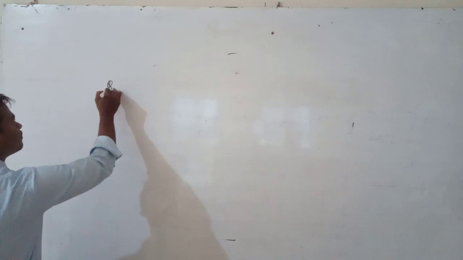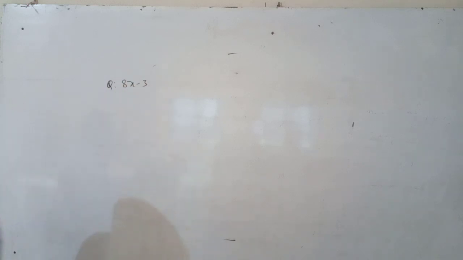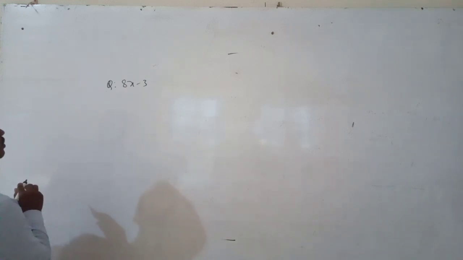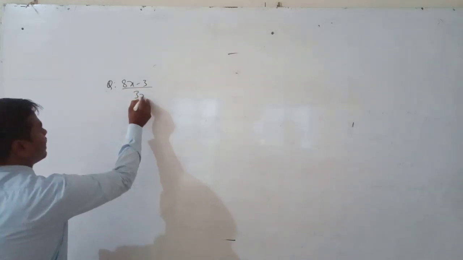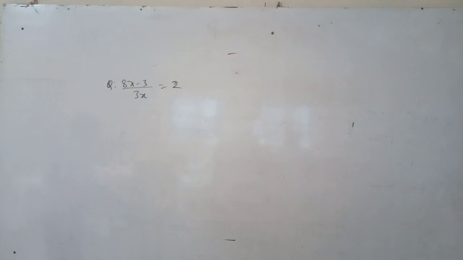Here the first question is (8x minus 3) divided by 3x equal to 2. That is the given question.